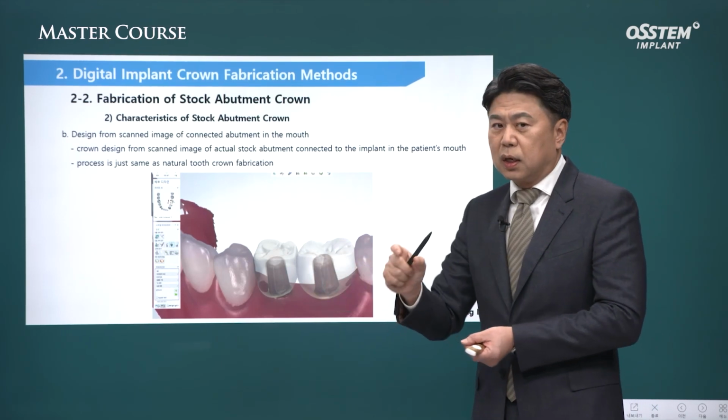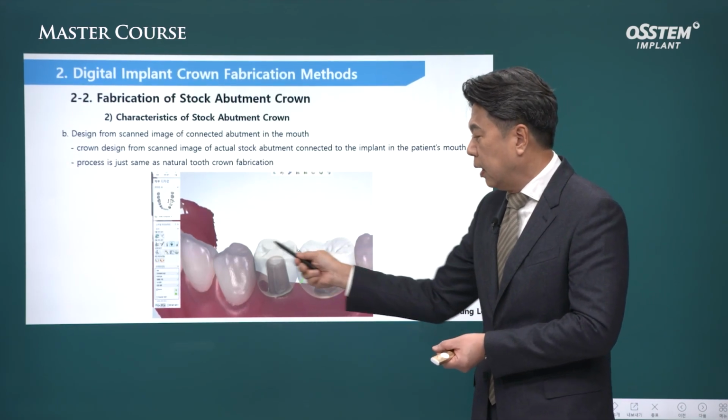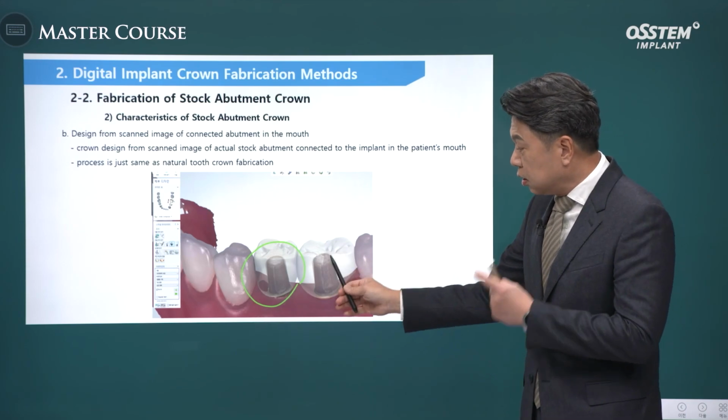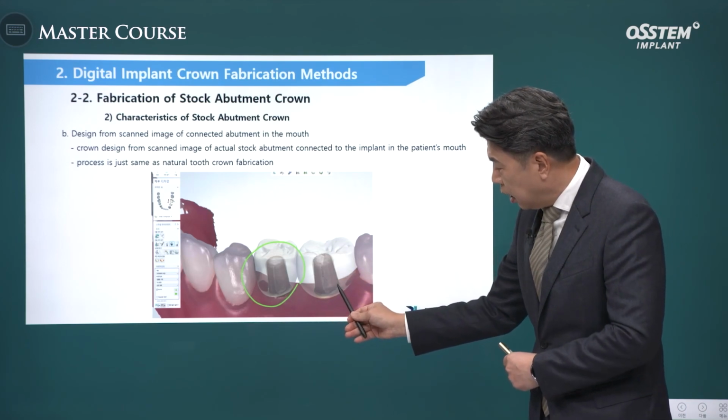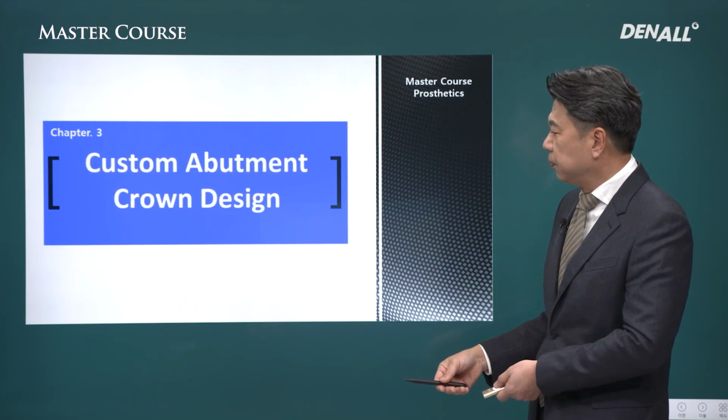So we spray over it to reduce the light reflection, which is a little bit tricky. After scanning, it looks a little bit irregular and fabrication is performed over it.